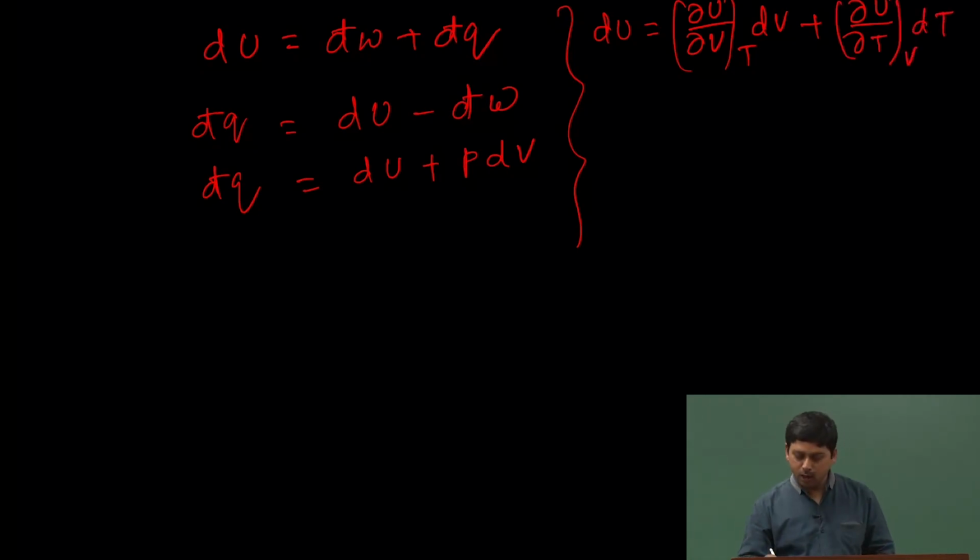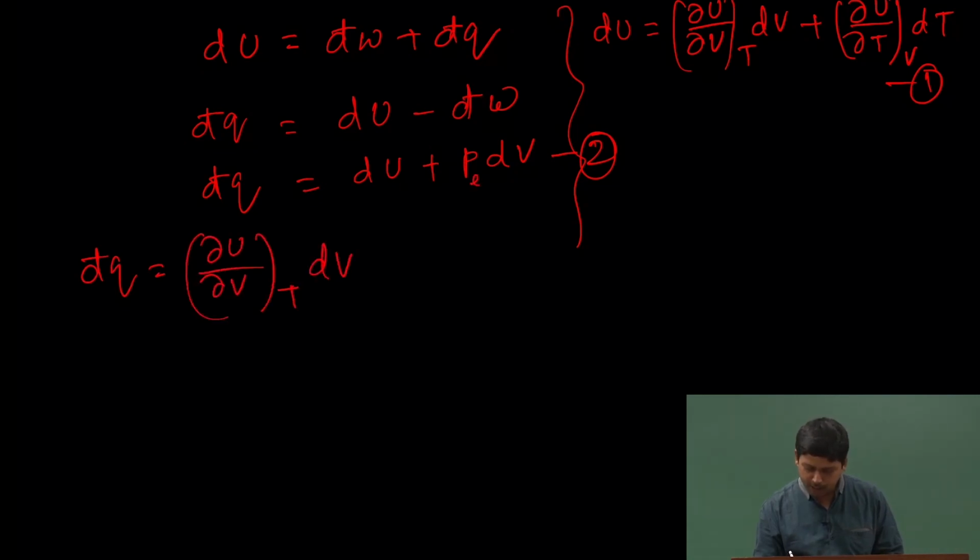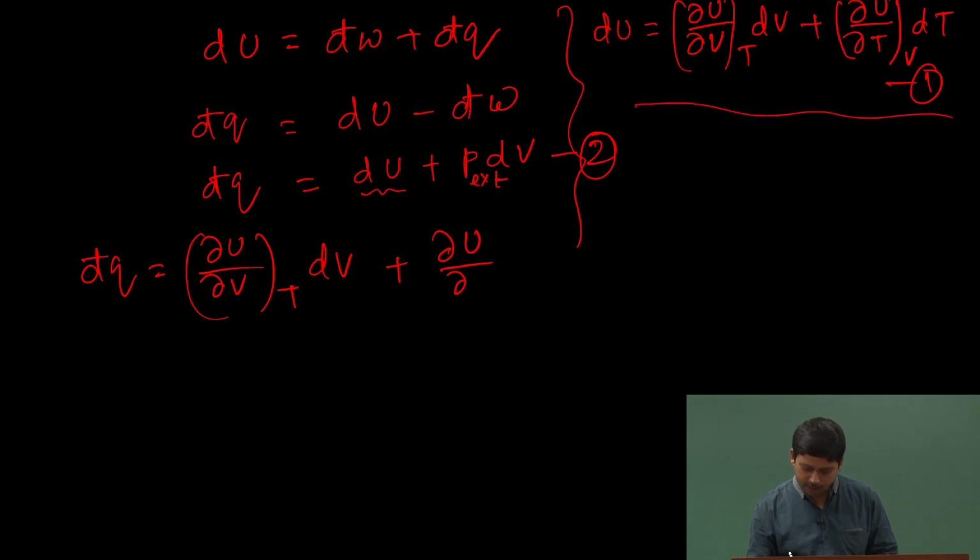Now let us replace this in the previous equation. So dQ equals del U by del V at constant T dV plus del U by del T at constant V dT plus p external dV.